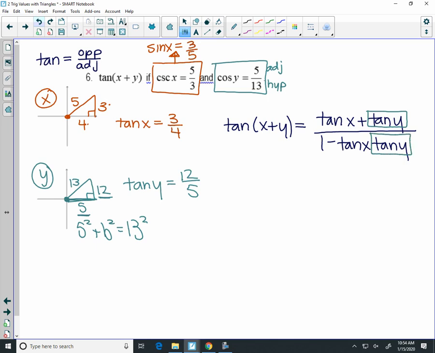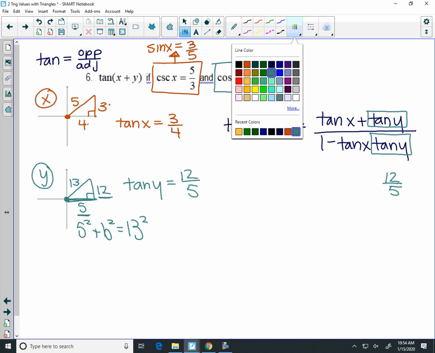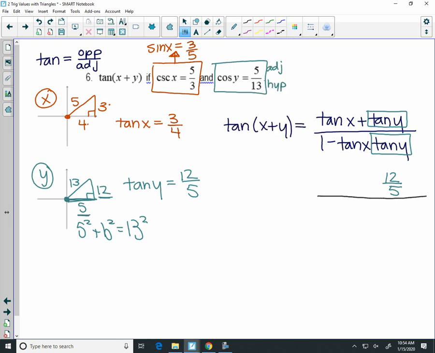Again, I'm not going to put it in as tangent of 12 over 5. That's not what's happening here. Tangent of y is 12 over 5. The whole tangent of y goes away. The whole tangent of x goes away. There's no coming back from that mistake, so don't do it.